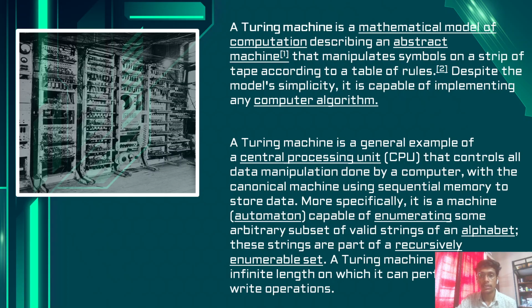A Turing machine is a general example of a central processing unit that controls all data manipulation done by a computer, with the canonical machine using sequential memory to store data. More specifically, it is an automaton that is capable of enumerating some arbitrary subset of valid strings of an alphabet. These strings are part of a recursively enumerable set. A Turing machine has a tape of infinite length on which it can perform read and write operations.